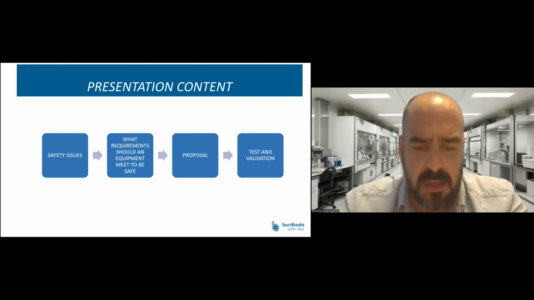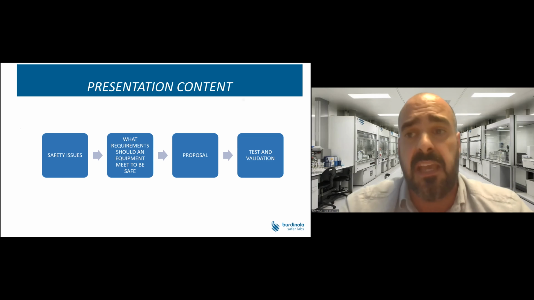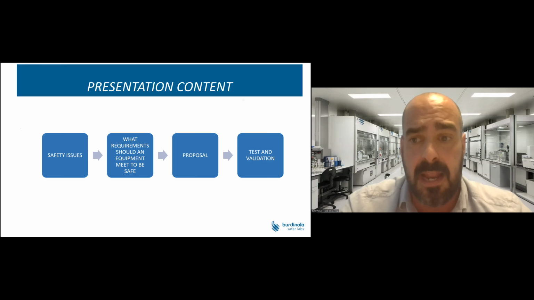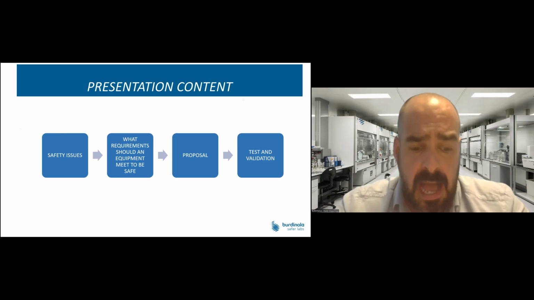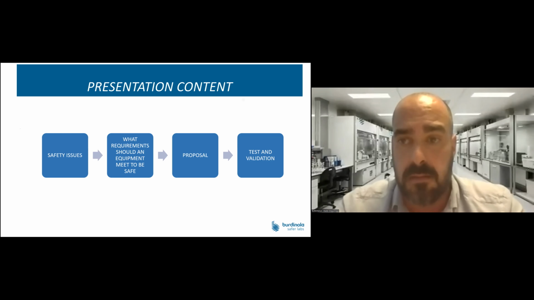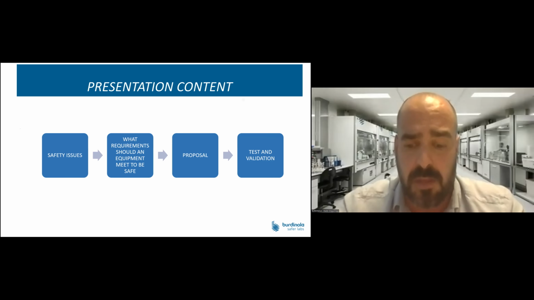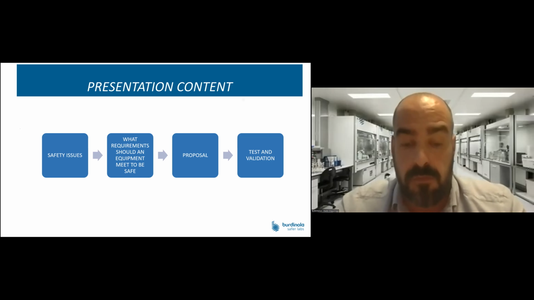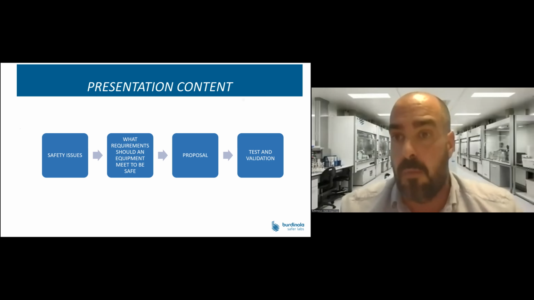Secondly, I will explain what requirements a laboratory equipment should meet to work safely with nanomaterials, as I have said before, manually, with not huge amounts of material and always in powder state, okay? And having those requirements, I am proposing an equipment, the one that I am presenting today, and explaining the validation of the development process, okay?